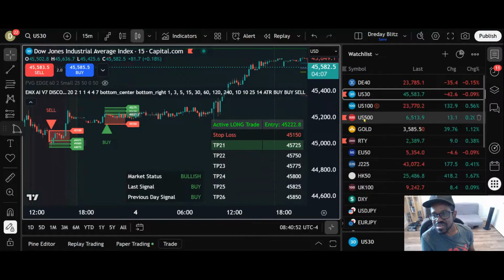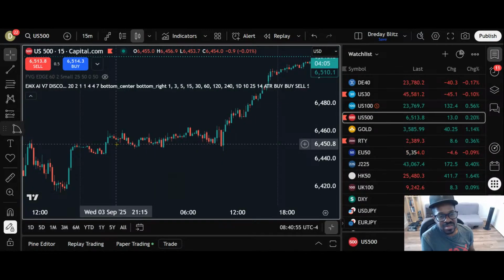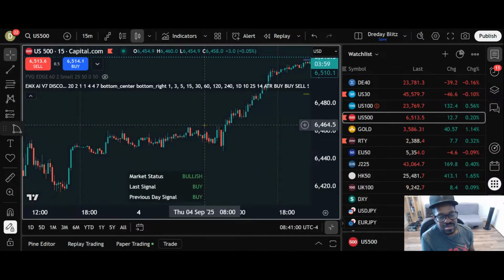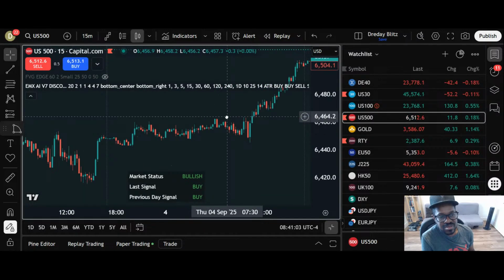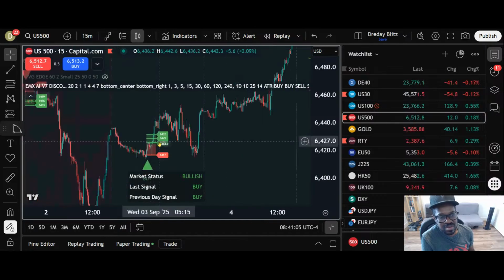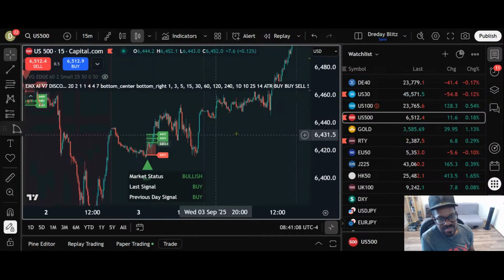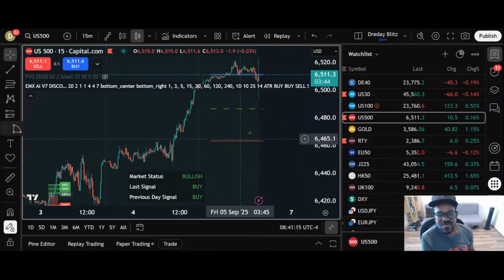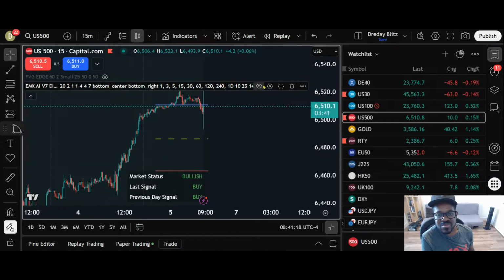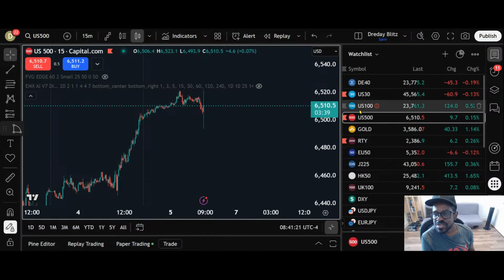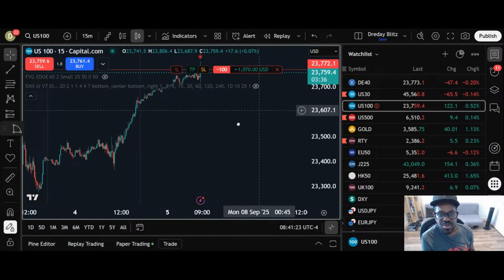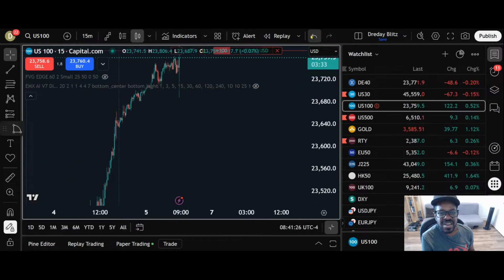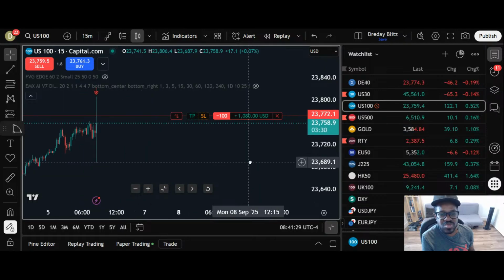That was at London, Asian, and then SPX 500 got a buy. So like I said, guys, should be overall bearish here on the indices. If you didn't take your position yet, that's okay. You still have New York open to take your position.